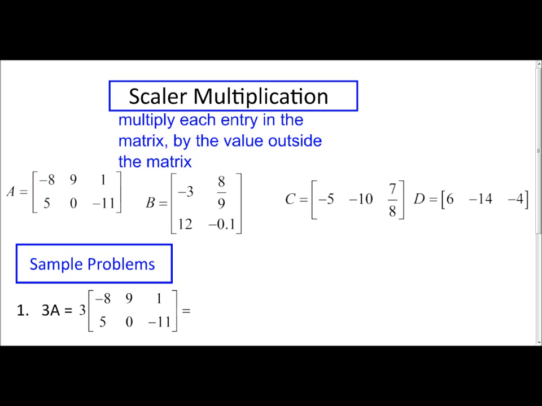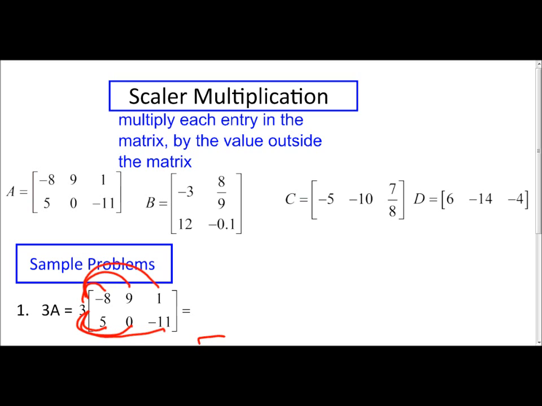All right, let's take a look at scalar multiplication. For scalar multiplication, we multiply each entry in the matrix by the value outside the matrix. So we could see an example like this right here. We have 3A, and we look at matrix A. It's this matrix right here, this first one. So I want to multiply 3 times each of these values inside the matrix here. So I multiply 3 times each of these, and 3 times each of these on the bottom row as well.